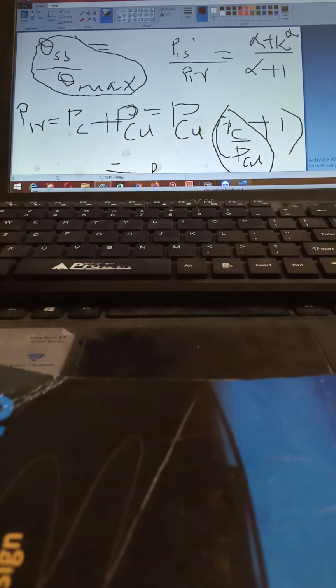Alpha plus K square by alpha plus 1 is, remember, no? What is the formula? 1 minus exponent of minus TR by tau R plus TS by tau S divided by 1 minus exponent of minus TR by tau R. Previous equation. Got it? No?